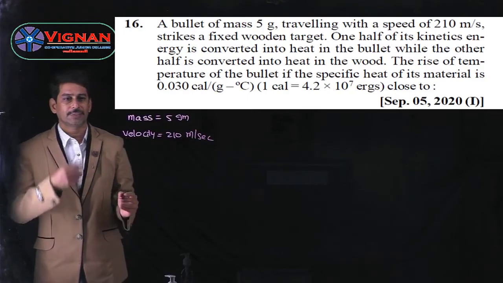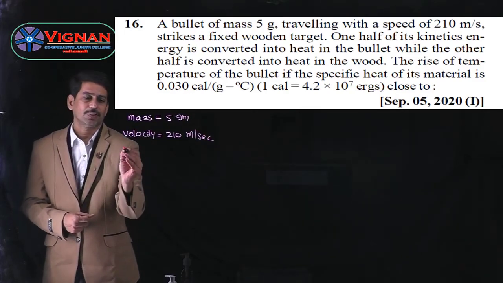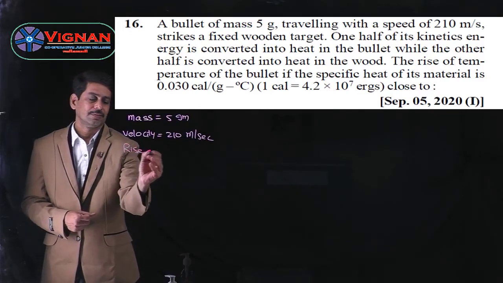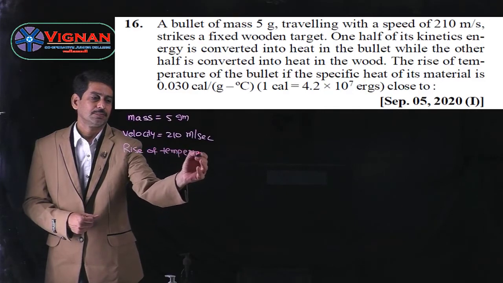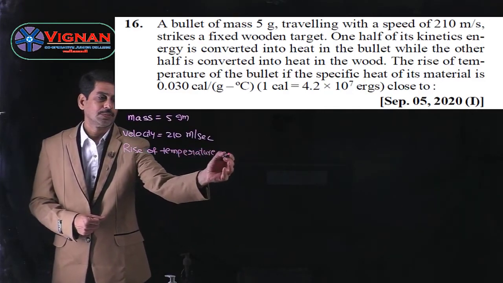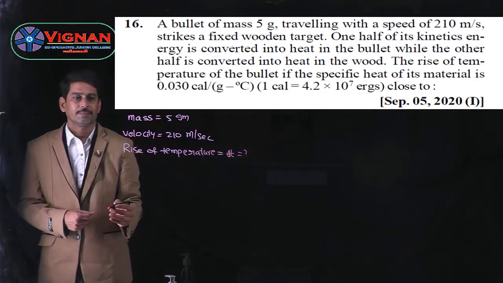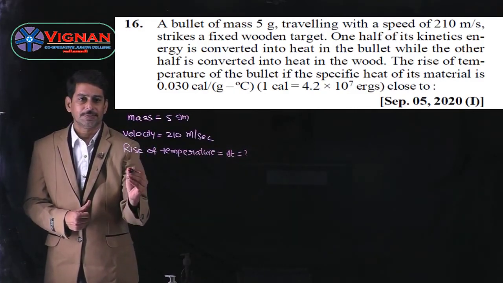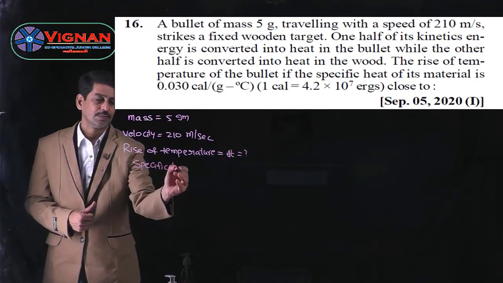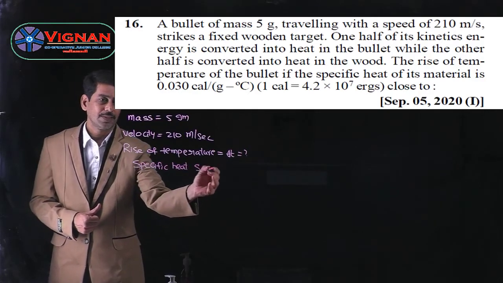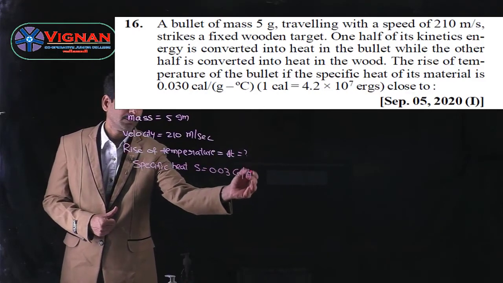And one half of its kinetic energy is converted into heat. So we are going to find the rise of temperature, which is delta T. And the specific heat is given as 0.03 calorie per gram degree centigrade.